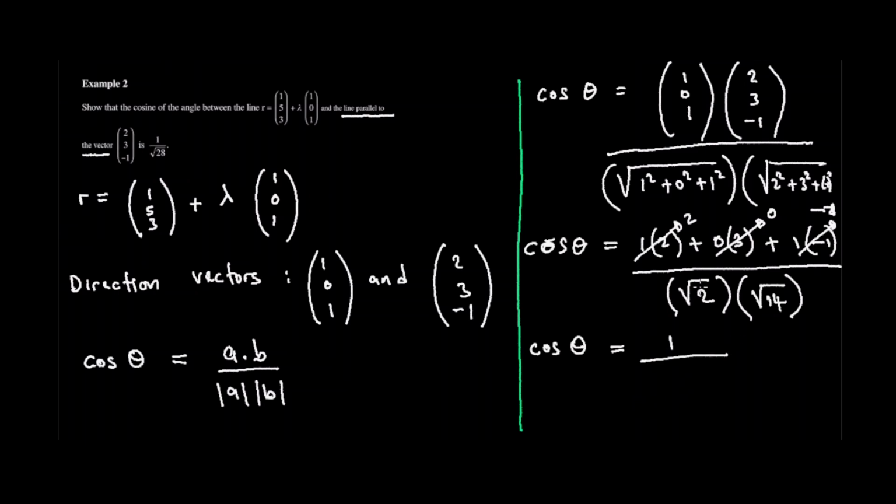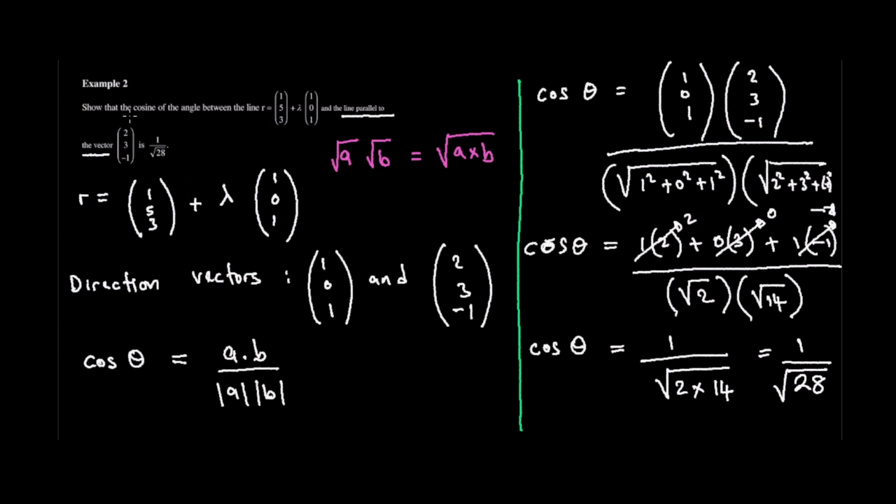Then remember the law of surds we discussed, and let me reiterate it. If we have the square root of a, it will multiply the square root of b. We know that this is equal to the square root of a times b. So if we want to apply this law here, it means the square root of 2 times the square root of 14 is the square root of 2 times 14, which is equal to 1 over the square root of 28.